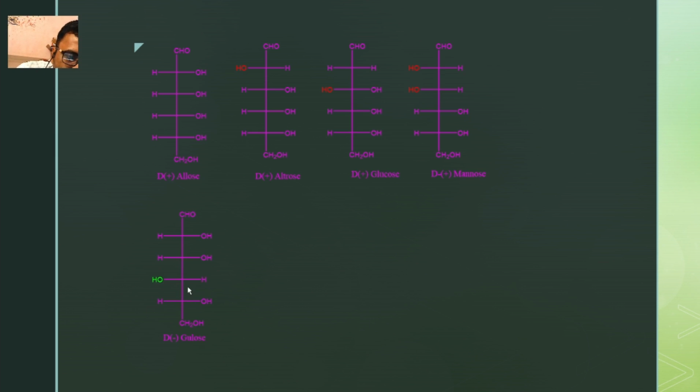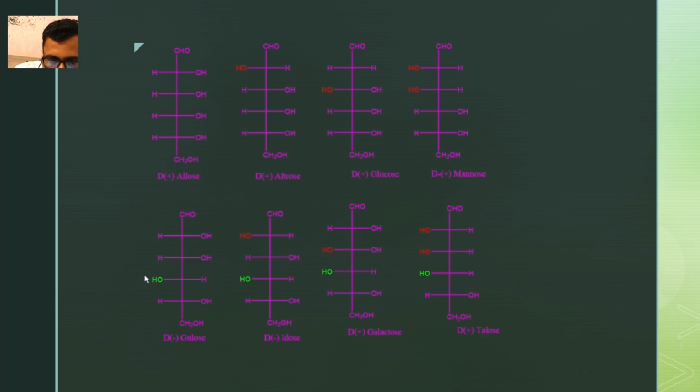This time we can change the position of the C4 OH group. So that is D-gulose, in which the C4 OH group is on the left hand side and the remaining are on the right hand side. In the remaining 4 structures, we observe that the C4 OH group is on the left hand side and the C5 OH group is on the right hand side.